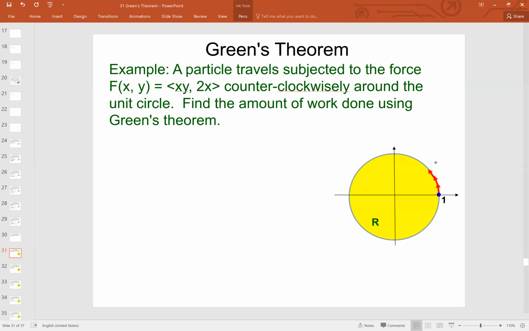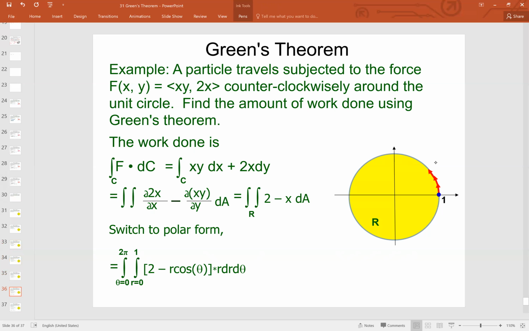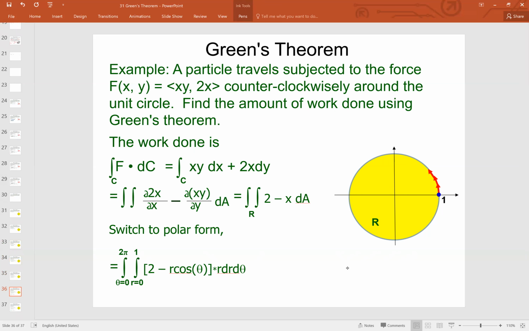Asking for the amount of work done, Green's theorem says it's the difference in the partial derivatives integrated over this circle. This is easier in polar coordinates: x is r cosine theta, and the differential dA changes to r dr d theta. Then these can be integrated easily.